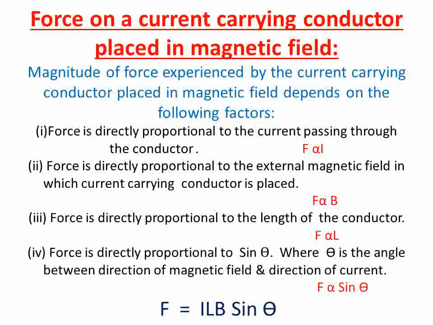Basically, this is an application in the electric motor. In a DC electric motor, if current is more, then force applied is more, and the speed of rotation of the motor becomes more. Second, directly proportional to external magnetic field.